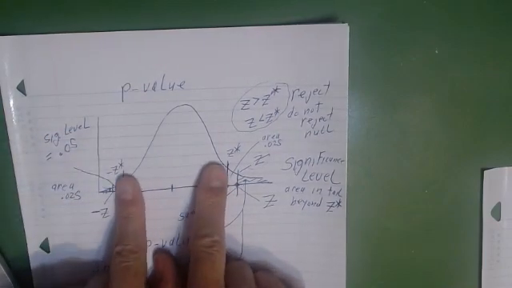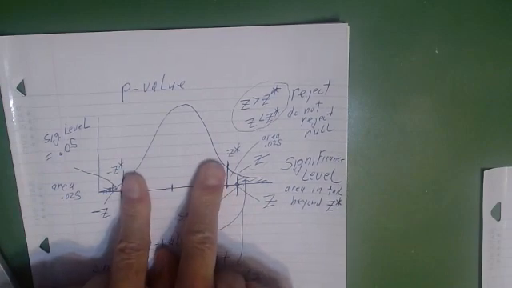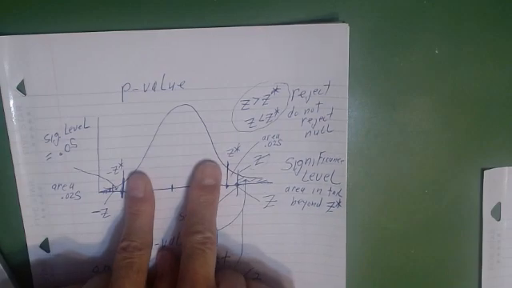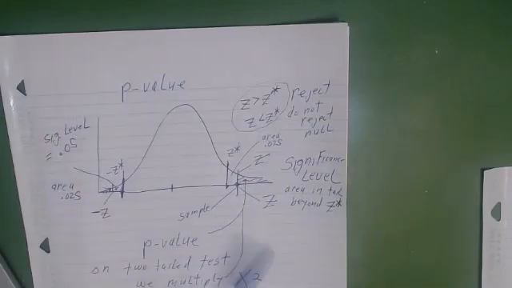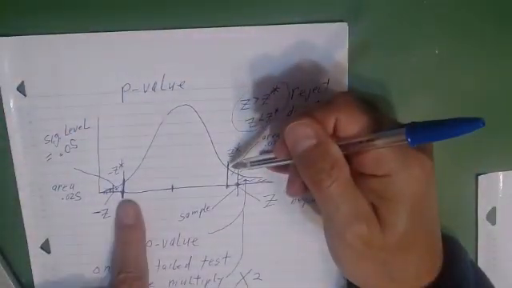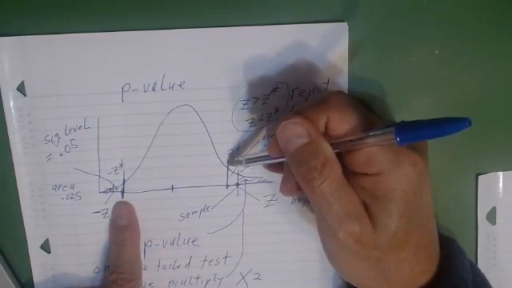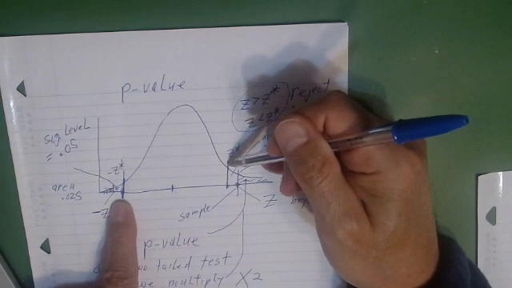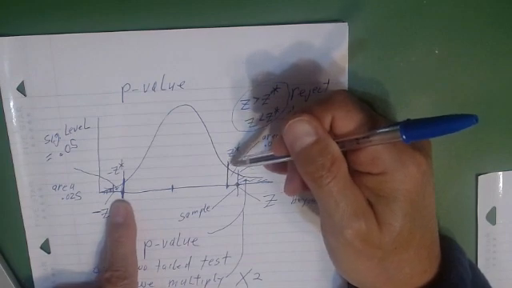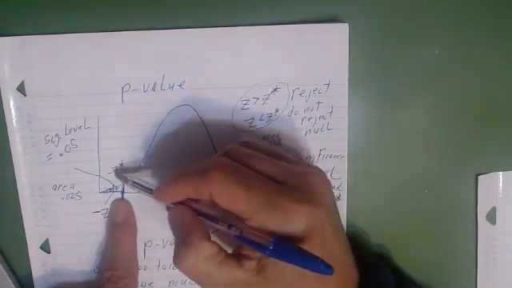5% of the area from this curve is outside of z star there. You can see it there. 5% is outside of these two thresholds, z star and negative z star. So there's a 5% chance you get a random sample that lands beyond z star or less than negative z star.